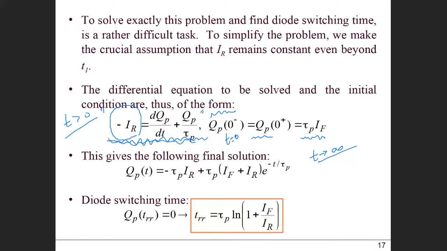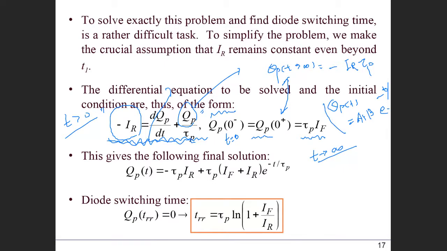As you can see, you reach the steady state, and QP will be negative IR times tau P. So you have two boundary conditions, and you apply the same general solution for QP of t as we did before, A plus B exponential of minus t over tau P. Using this general solution, we can obtain the coefficients A and B.